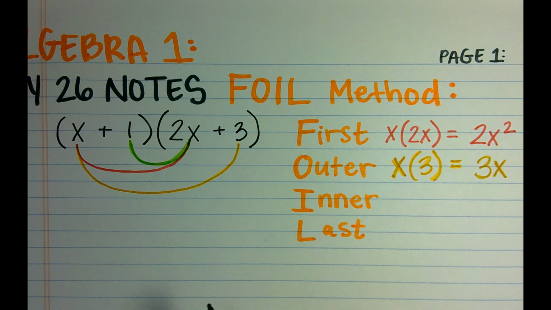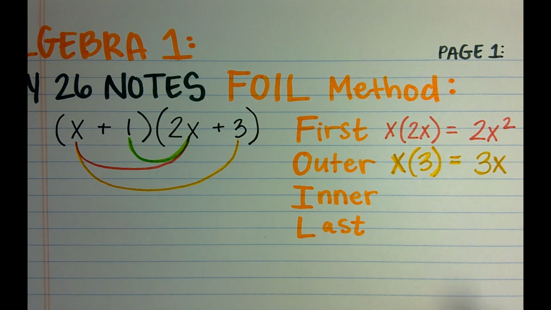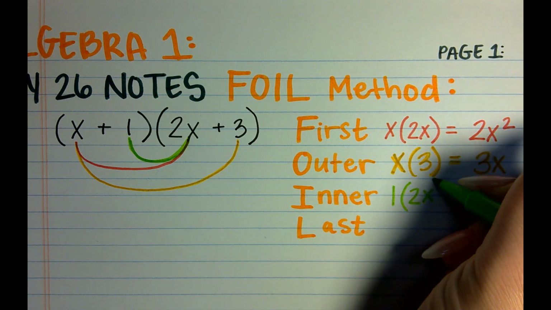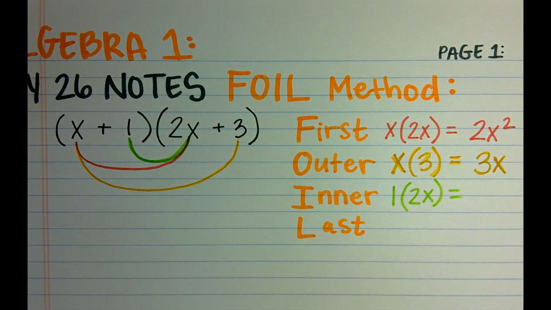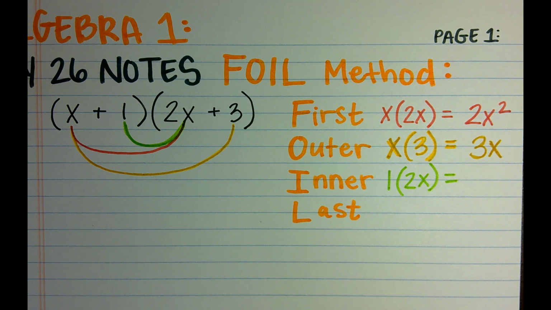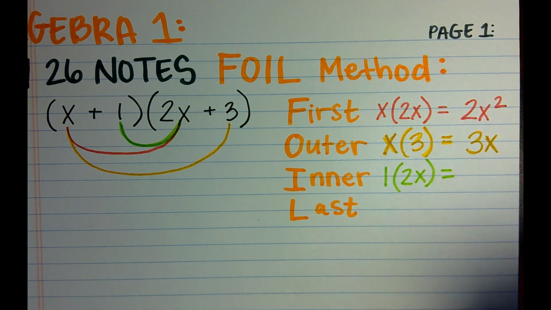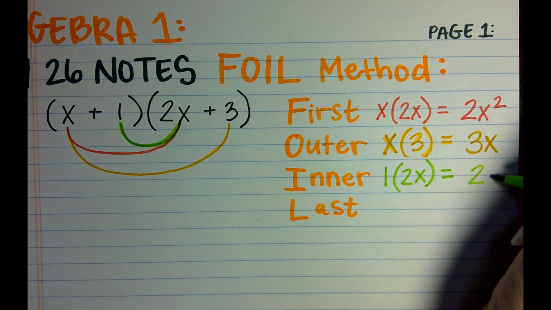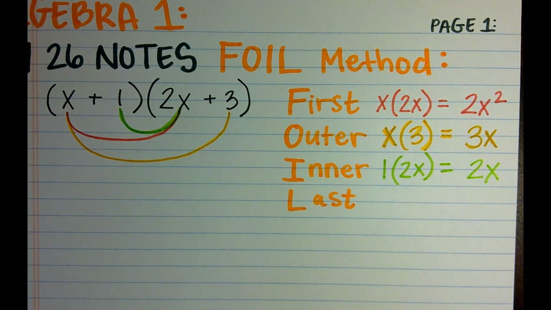And I'm multiplying them. 1 times 2x. And what does 1 times 2x give me? 2x. 1 times anything is whatever that is. It doesn't change it. So we have 2x now.